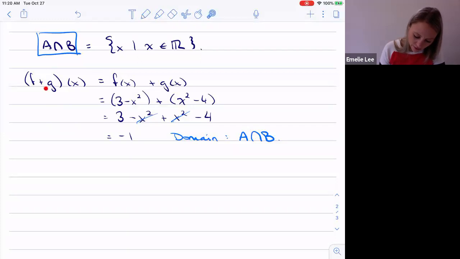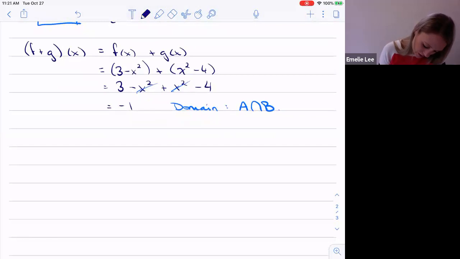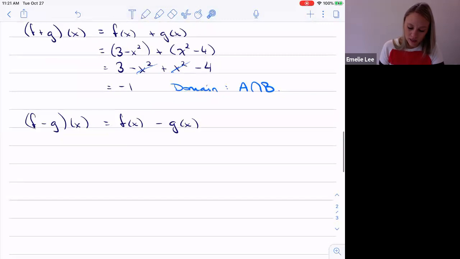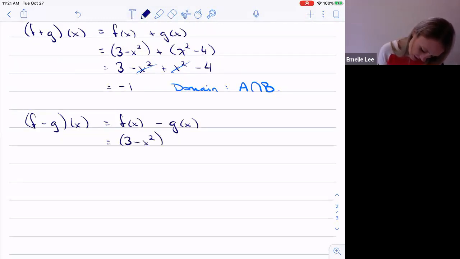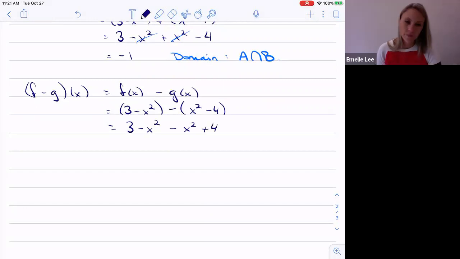What if we do f minus g of x? So same deal, just subtracting: f minus g of x is f of x minus g of x. The only thing that I'm changing here is the minus, which has to get pulled in here, right? And so what I get is 3 minus x squared minus, x squared minus 4, which when I expand this out, 3 minus x squared minus x squared plus 4.